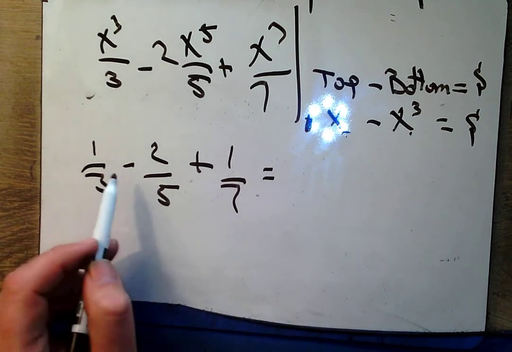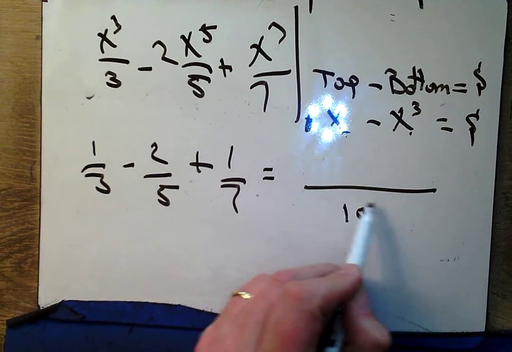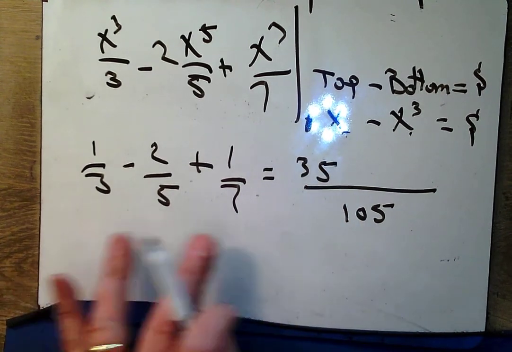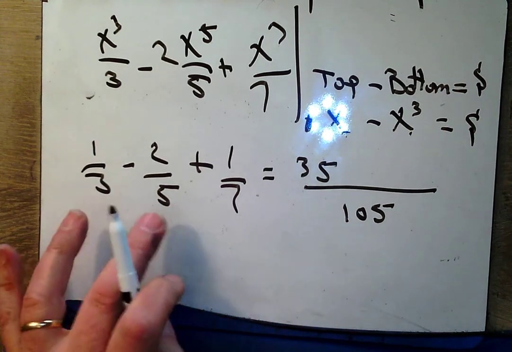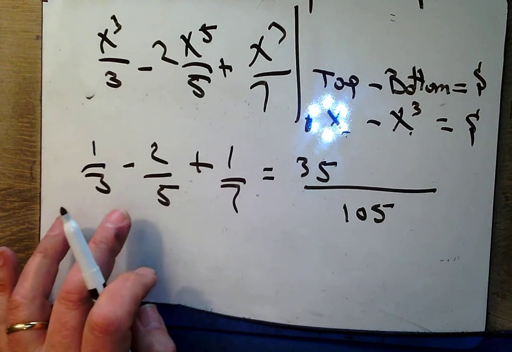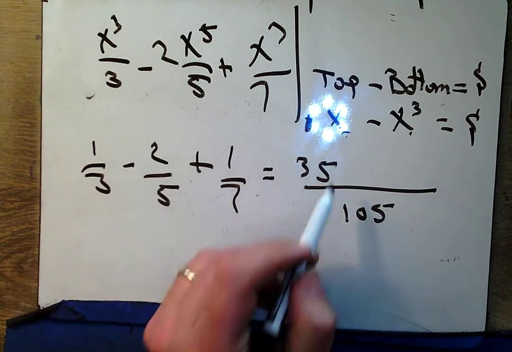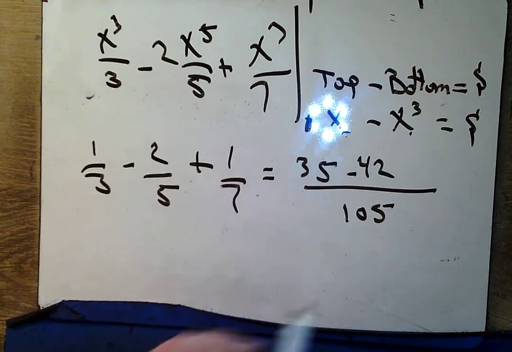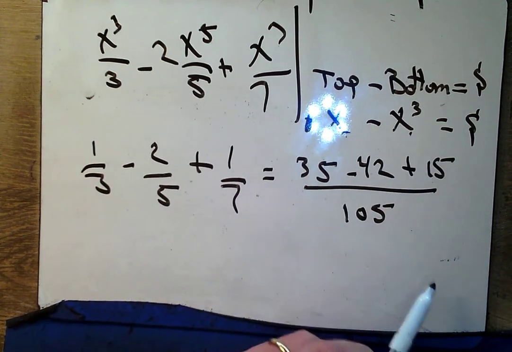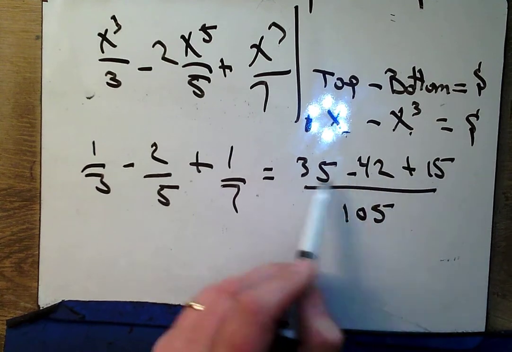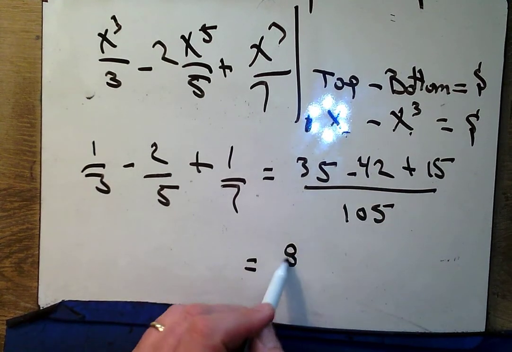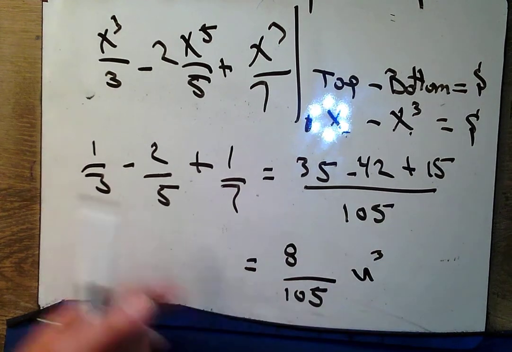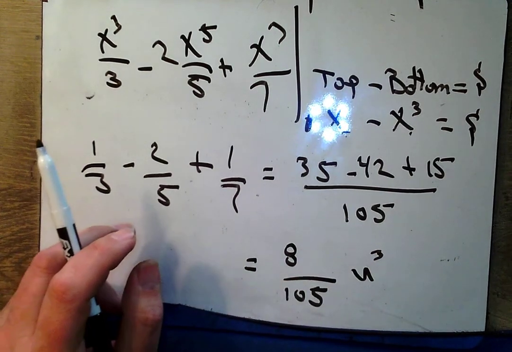Okay, so common denominator time is 105. We're going to have 35 times 1, and 21 times 2 is minus 42. We're going to have 15 times 1, and that's 40, 50, yep, that's 8 over 105. Yay! Units cubed. And so we're done.